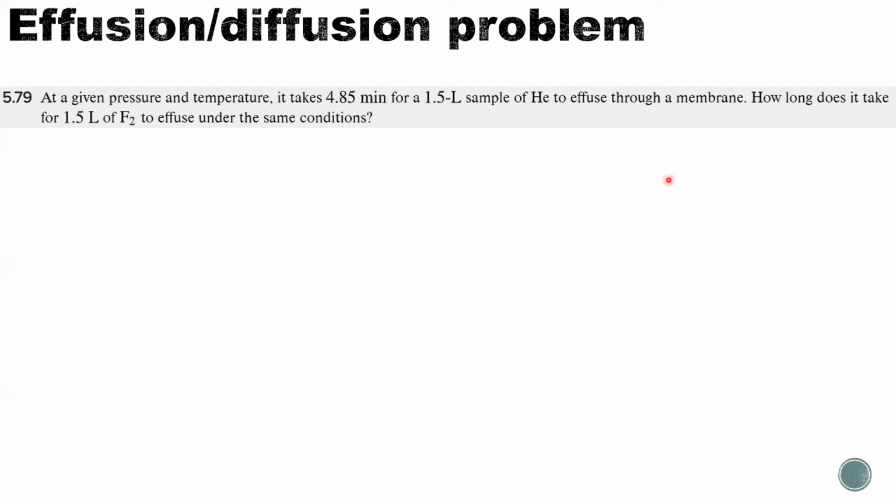For this problem, it gives you two gases that effuse through a membrane. It gives you the time for one gas and asks for the time for the other gas.